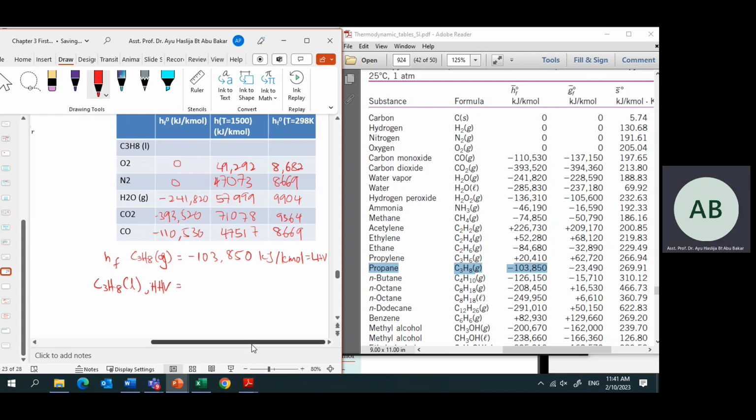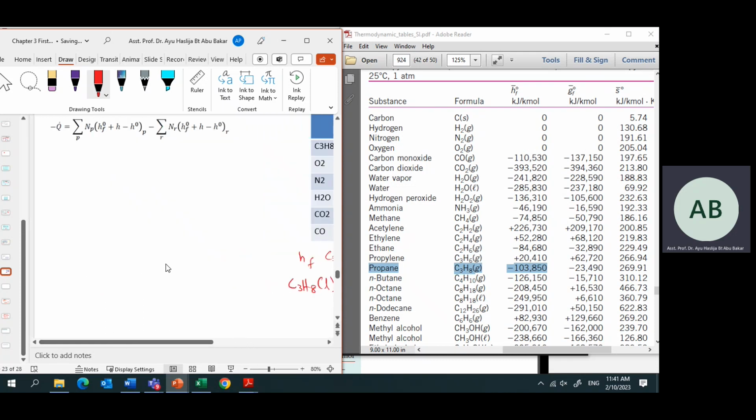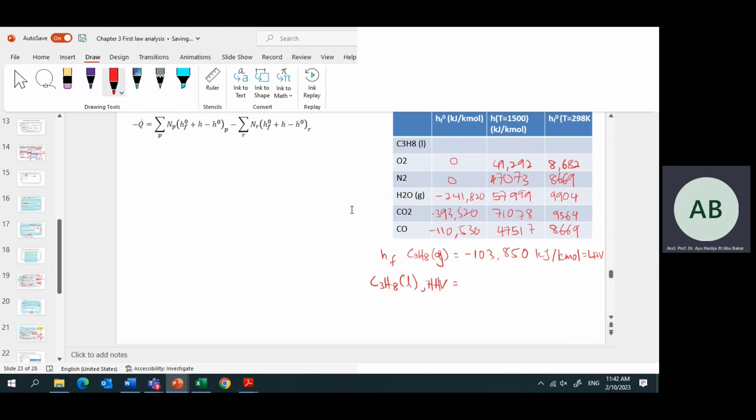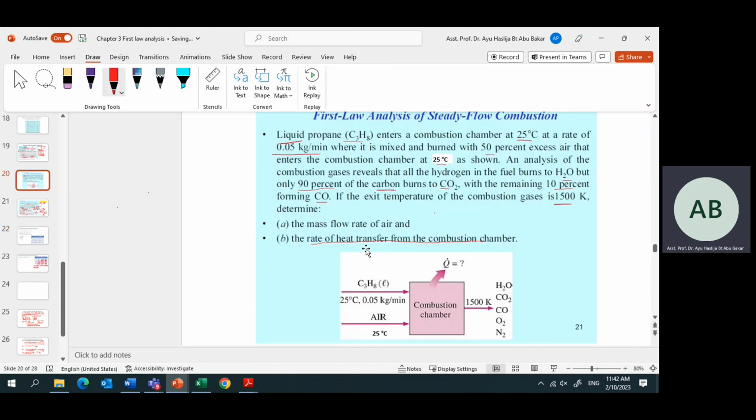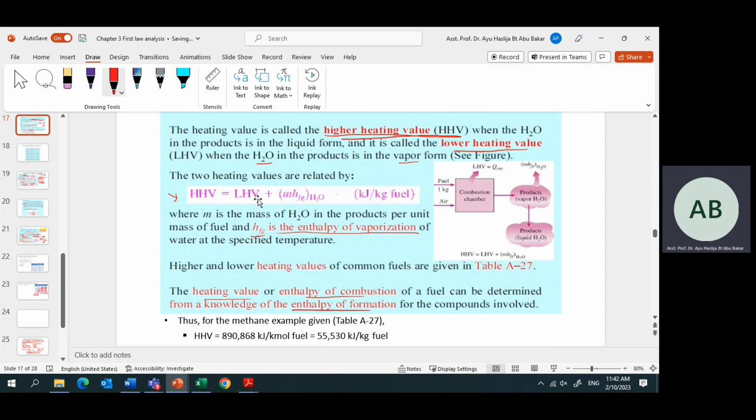Okay, remember the equation to find the HHV when you have phase change. I'll show you the slide. Here, LHV plus M times HFG of the component. In this case, it shows water, for example.